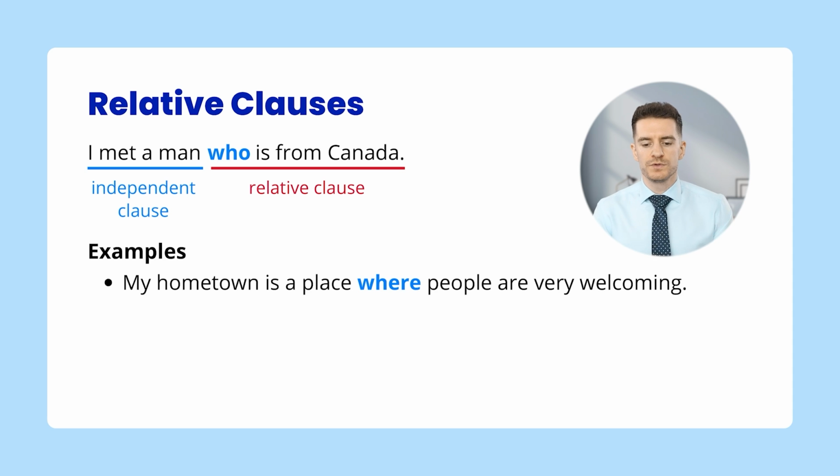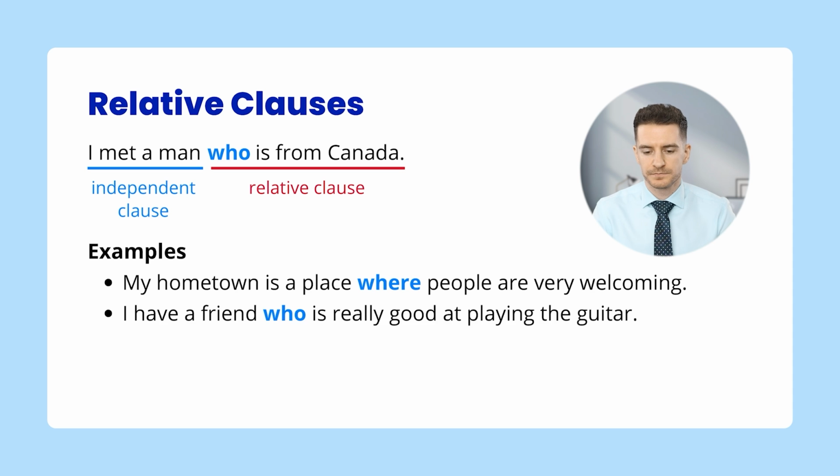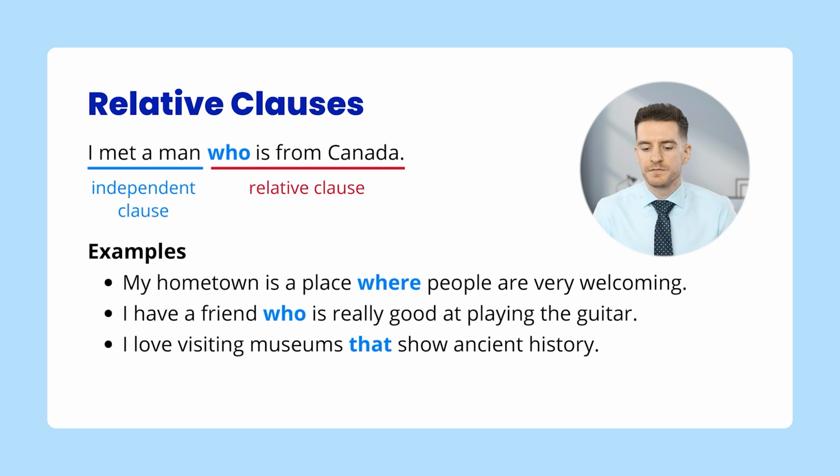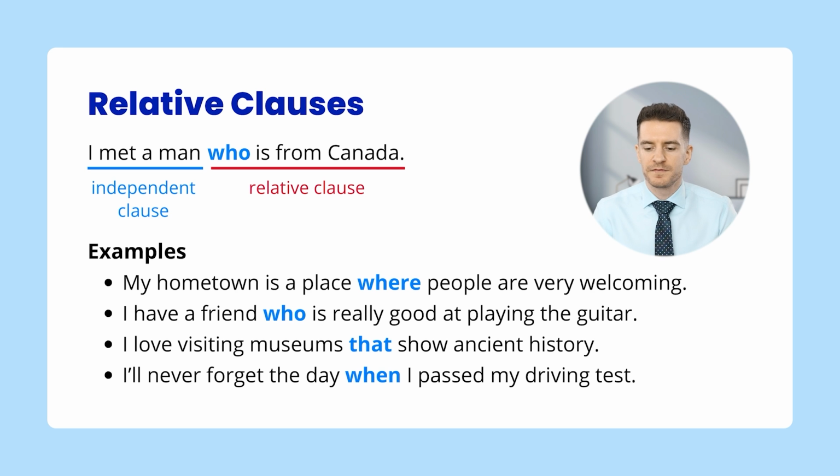Here are some more examples. My hometown is a place where people are very welcoming. So we use where because we're talking about a place. I have a friend who is really good at playing the guitar. So we use who because friend is a person. I love visiting museums that show ancient history. And finally, I'll never forget the day when I passed my driving test. So we use when here because day is obviously a specific time.